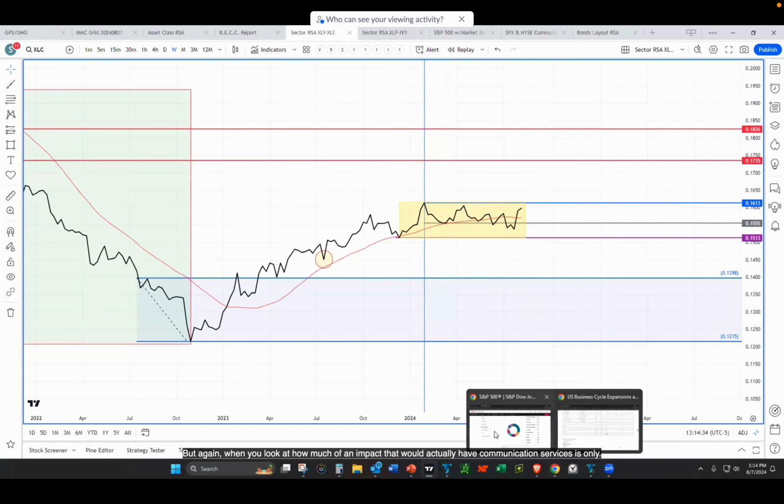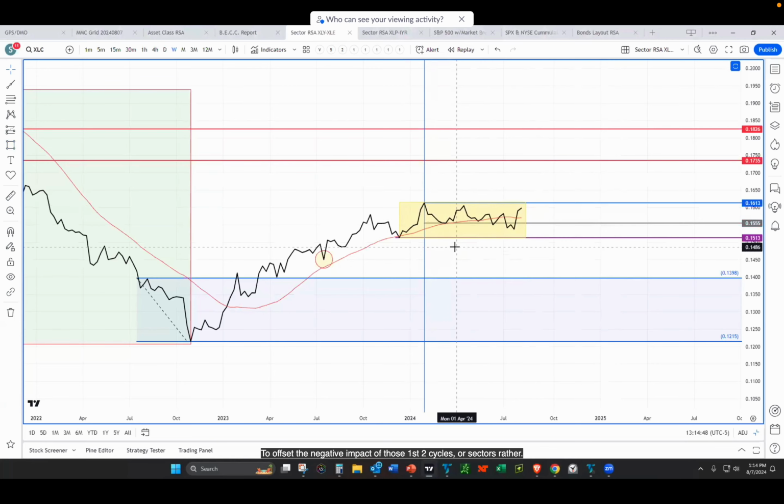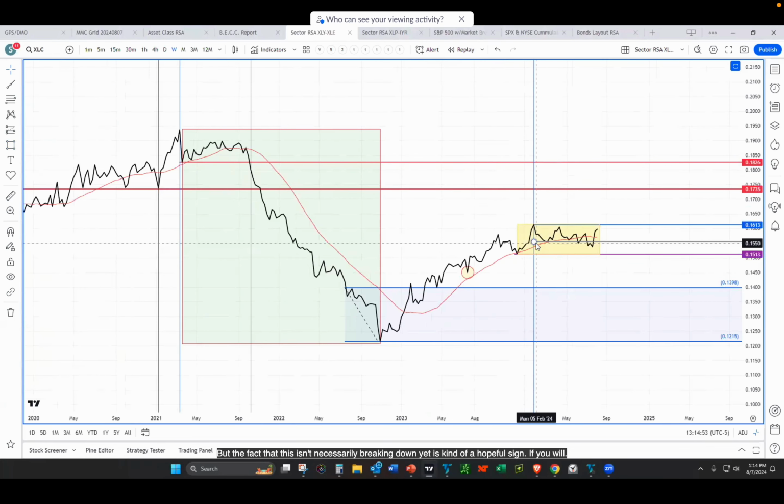But again, when you look at how much of an impact that would actually have, communication services is only 8.9% of the market, whereas consumer discretionary and technology make up 41%, right? So it's not enough to offset the negative impact of those first two sectors. But the fact that this isn't necessarily breaking down yet is kind of a hopeful sign, if you will.